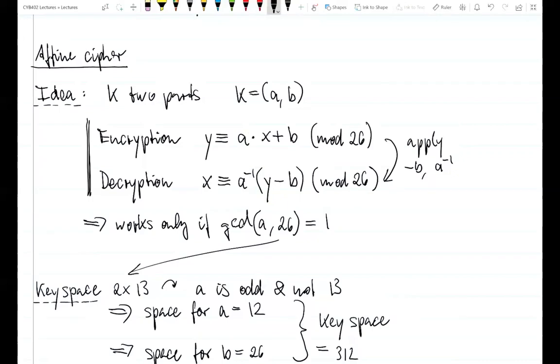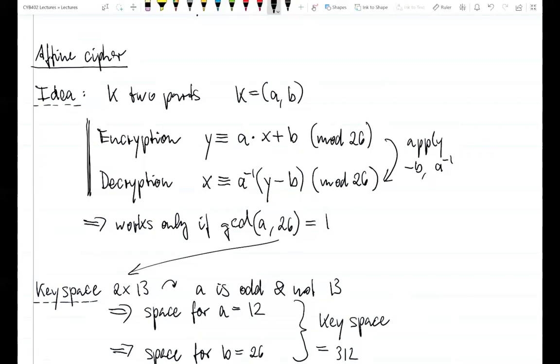That's a condition: A must be relatively prime to 26. And 26 is not a prime, so we cannot expect that any element smaller than 26 would work.